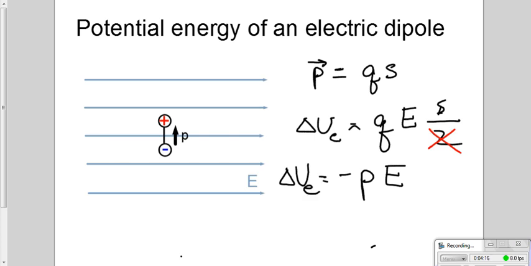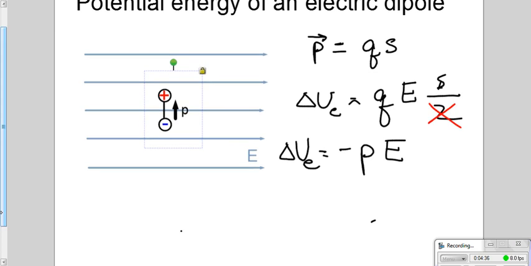But what if we had rotated it the other way? This certainly is raising the potential energy, making it less stable. In other words, it doesn't really like to be there. So we call that an unstable equilibrium position, and it will have raised the potential energy by that same amount, P times E. So here's what some clever person came up with, probably some math person.